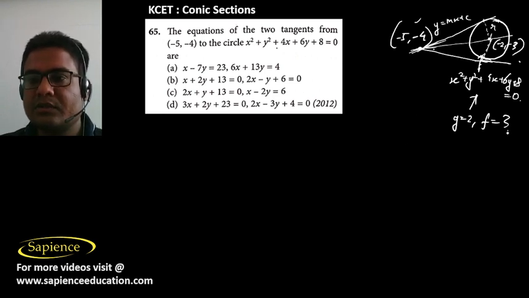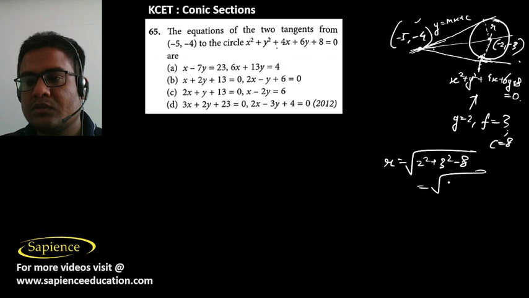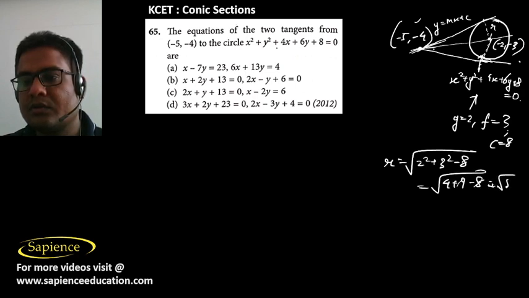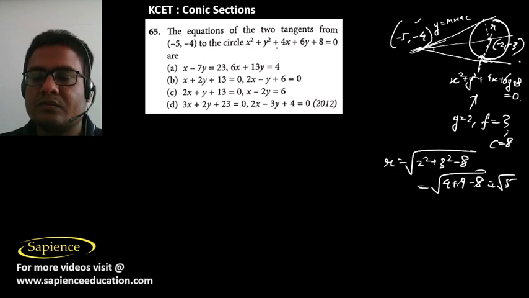Now the radius of this circle, where c is equal to 8, is the square root of g squared plus f squared minus c. So this is root of 4 plus 9 minus 8, which is root 5 units.